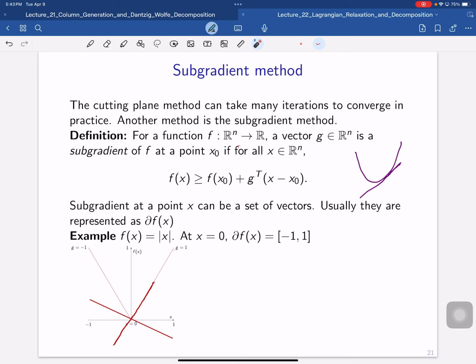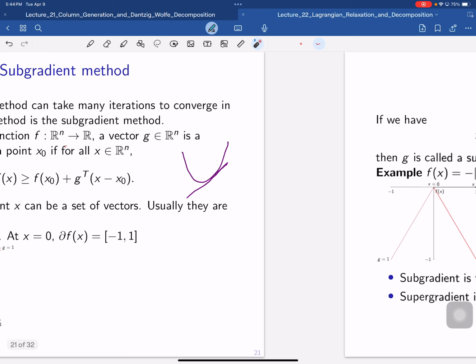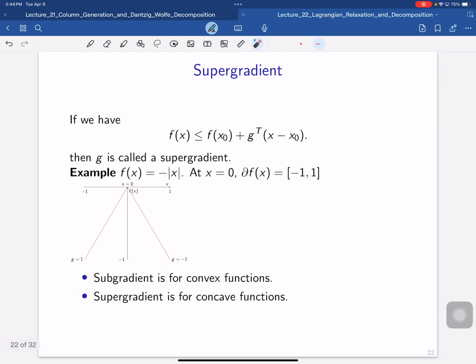You only have some directions that underestimate this particular non-smooth function, and there can be multiple such gradients that underestimate this non-smooth convex function. So here you can try any point between -1 and 1, and it always underestimates this non-smooth function. And the supergradient is to have some such gradients that overestimate this function.